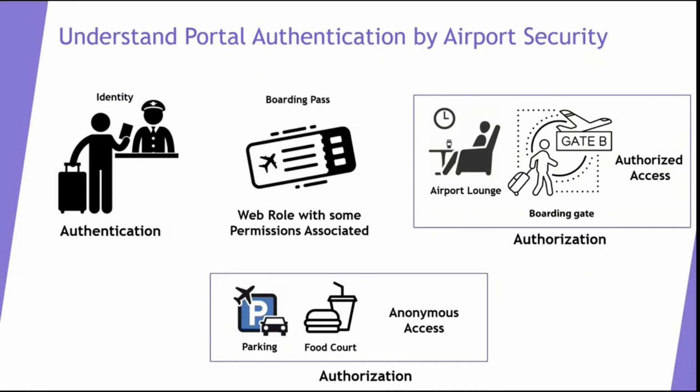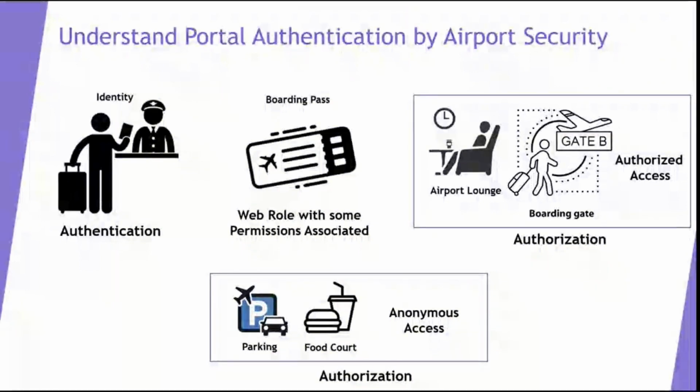That access is called anonymous access. The same happens with the portal, because when we design a website, some features, which obviously should not be confidential, we want to give users access to without being logged into the system, right?